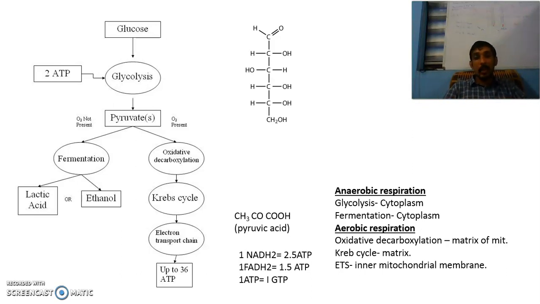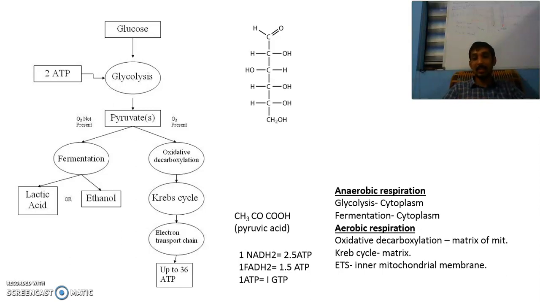From the mitochondrial matrix, that 2 pyruvic acid is then converted into acetyl coenzyme A, by releasing carbon dioxide and producing 2 NADH2. And we know that 1 NADH2, that is reduced nicotinamide adenine dinucleotide, is exactly equal to the energy of 2.5 ATP, not 3.